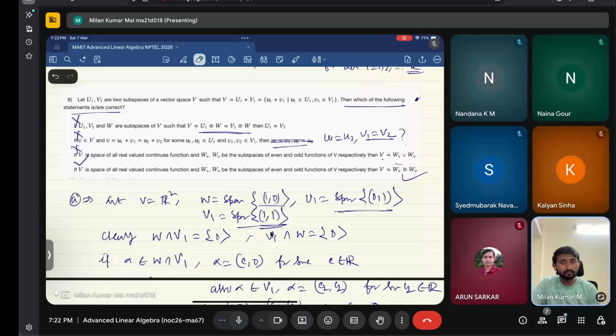In general you can take the union, but the union need not be a subspace, and whenever it is not a subspace, it is not of our use. So in the vector space setting, these two facts, union and sum, are very different.